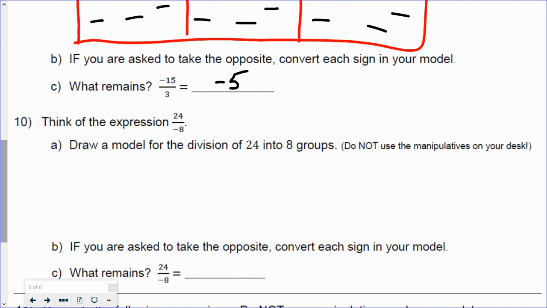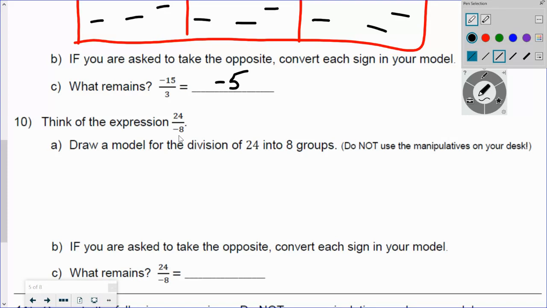Okay, so let's look and draw a model for 24 divided by -8. So we need 8 groups because that's what we're dividing by, and split the 24 between them. So it's like if you had 24 cookies and 8 students, how many cookies does each student get? Okay, so we'll make our little group of plus signs.